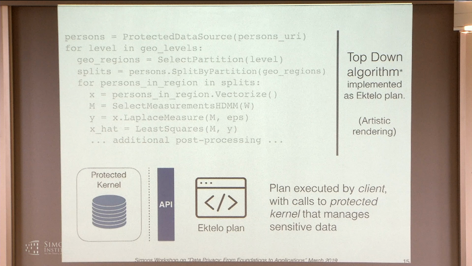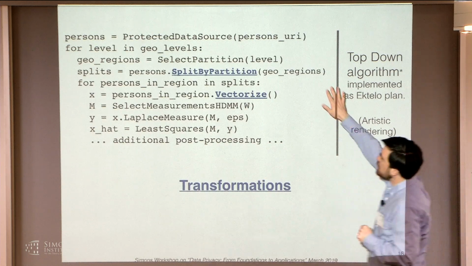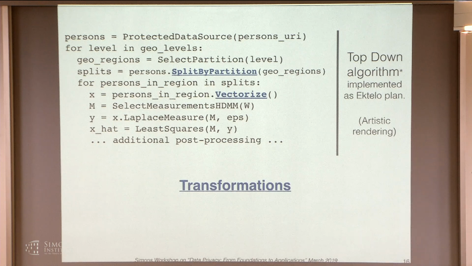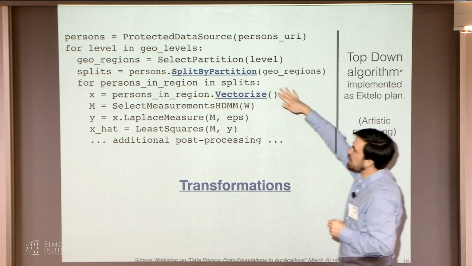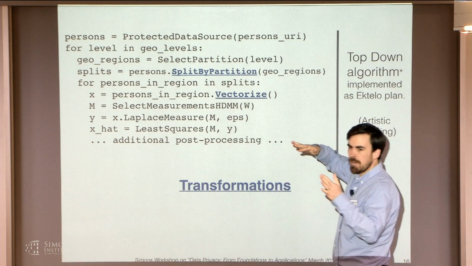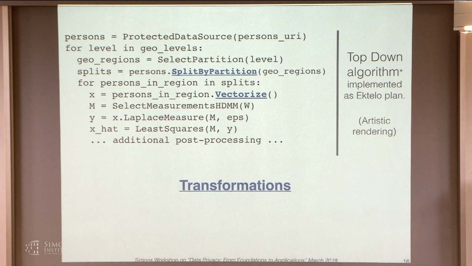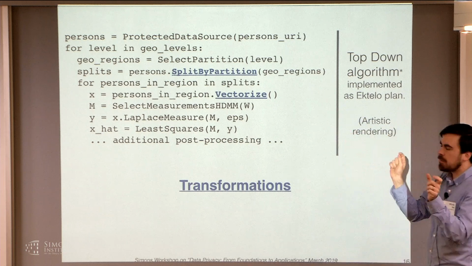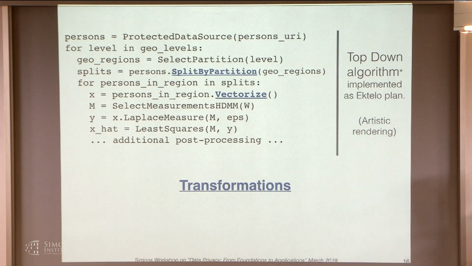So I'll walk through this code. The first thing you do is instantiate some protected data source. Let's say it's a table of people. We'll loop over different geographic levels. For each geographic level, so state, county, block, tract, we will select those geographic regions.